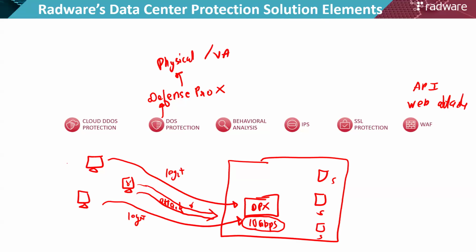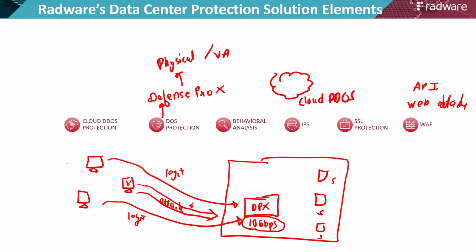In this case, there is another approach. Instead of having just a Defense Pro device within the organization, we can use a hybrid model. What is a hybrid model? Along with the Defense Pro locally, we can also have a cloud DDoS subscription.